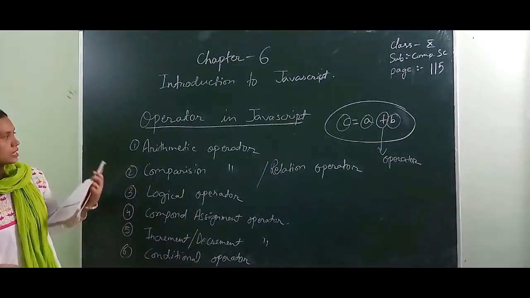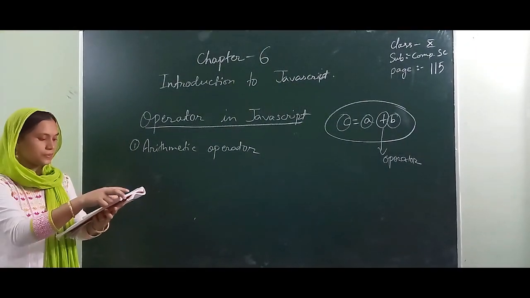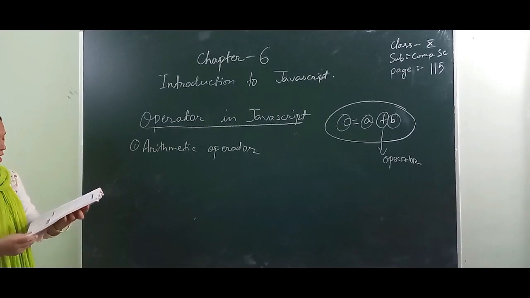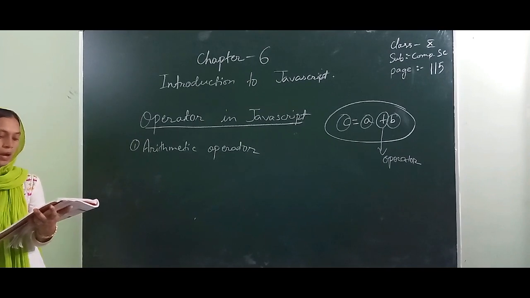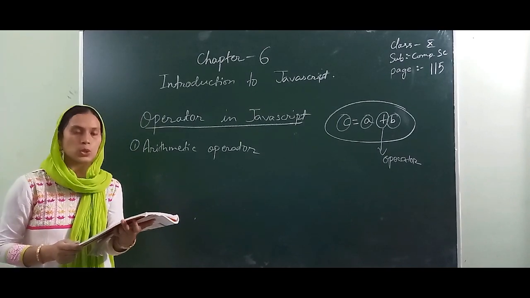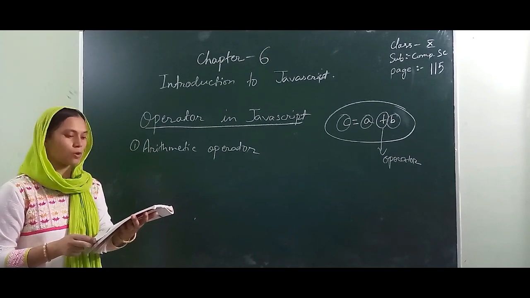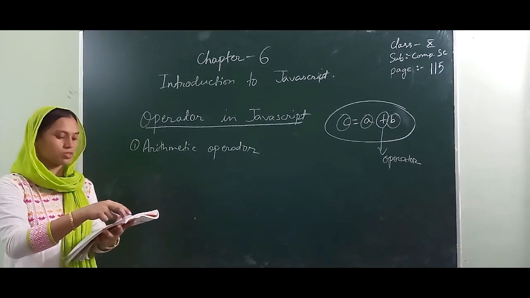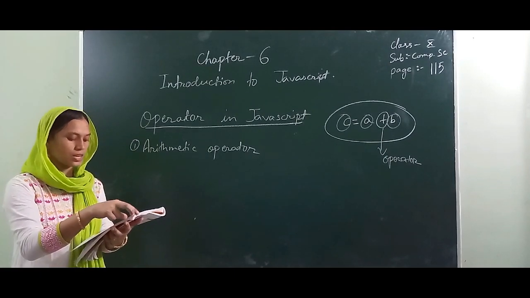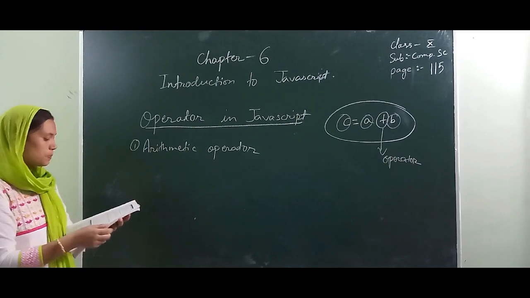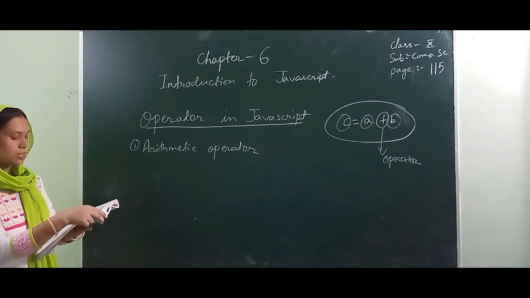So first, let's learn about the arithmetic operators. In the same page number 115, we have 5 different types of arithmetic operators, that is plus, minus, multiply, division and modulus. I hope everyone knows the functions of the operators, because we usually use the same operators even in maths: plus for addition, minus for subtraction, star for multiplication, divide for division, and the only difference is modulus.